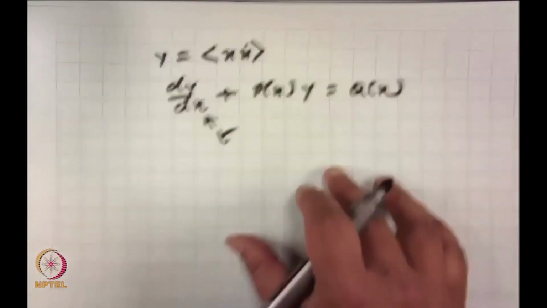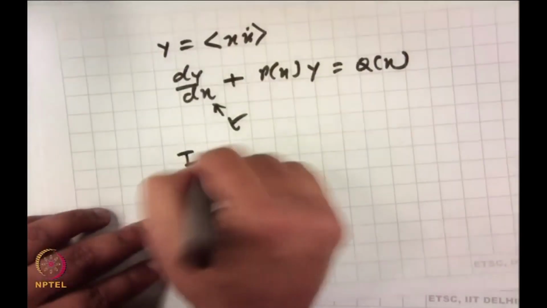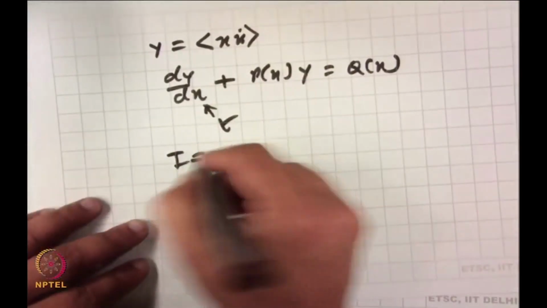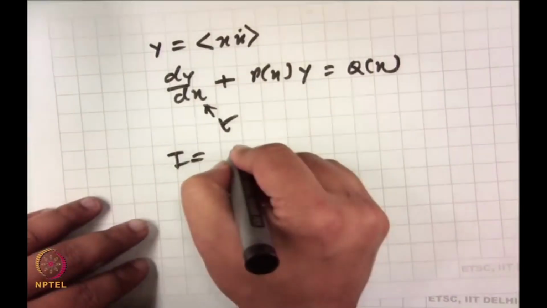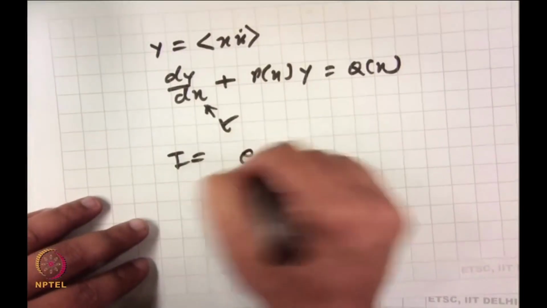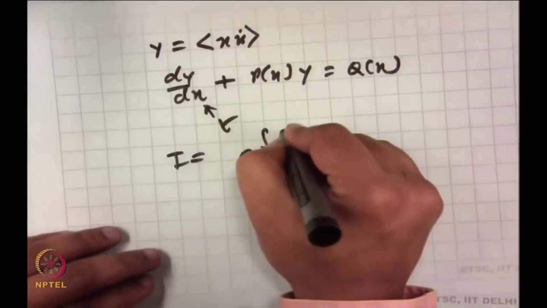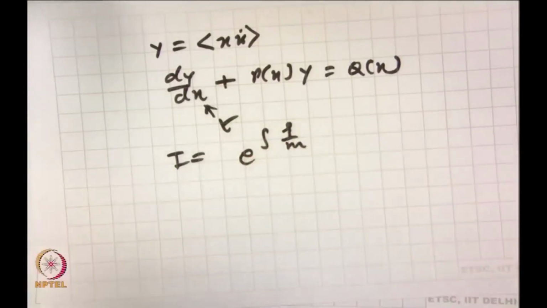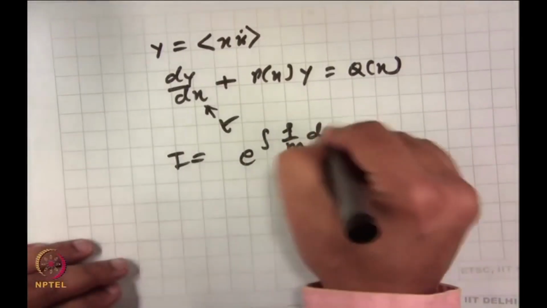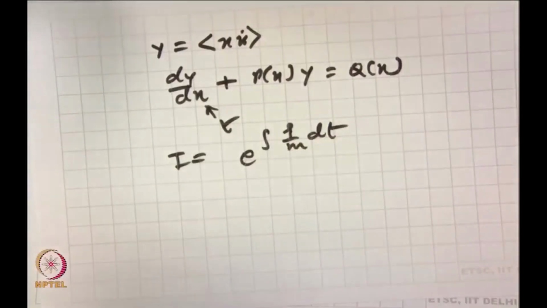Now, I of t essentially is e to the power integral of p of x dx. Now, what is p of x for me? So, p is what? Xi by m. Okay. So, xi by m, then what I have there? D of x. So, it should be what? dt. Okay. So, what do I have then?